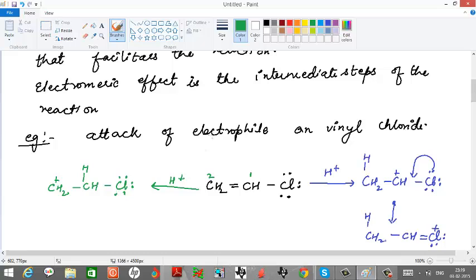First there will be a formation of an intermediate, where the H positive ion will attack, then we get the final product. So in this reaction there can be two products, product 1 or product 2.